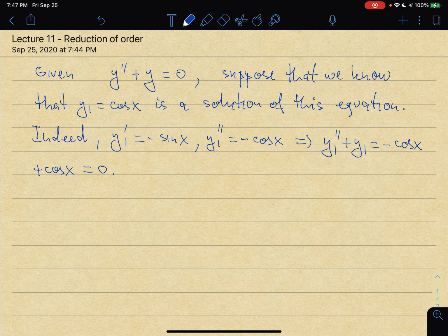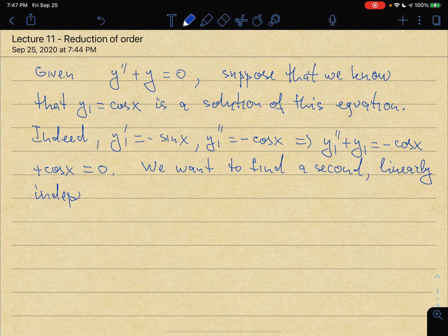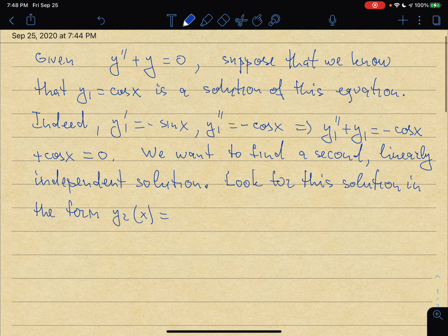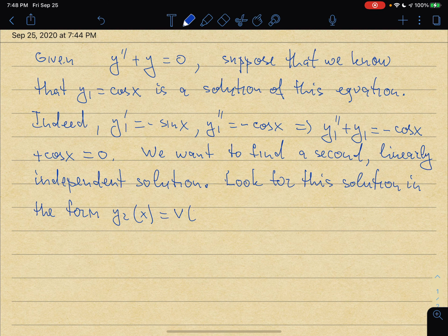All right. We want to find the second solution, a second linearly independent solution. And what I'm going to do is I'm going to look for this solution in the form y2 of x is equal to the function y1 that I know times some unknown function v of x.